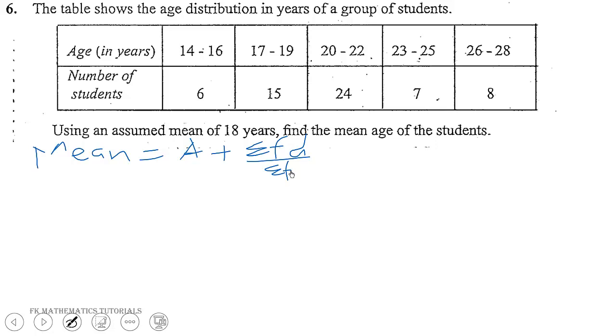So we quickly find the deviation, which is subtracting the assumed mean from the x values.